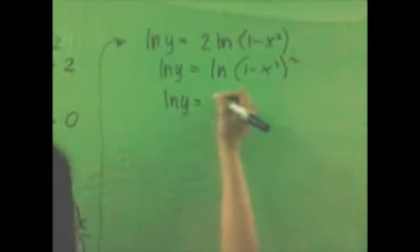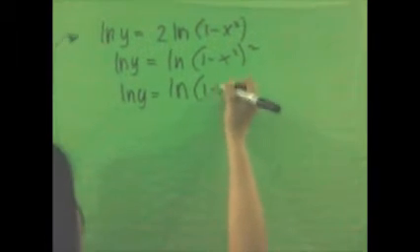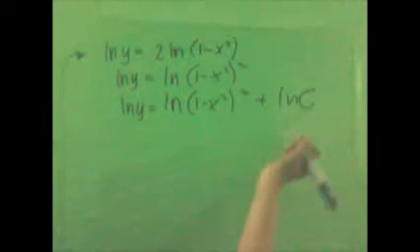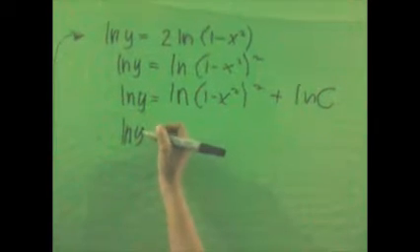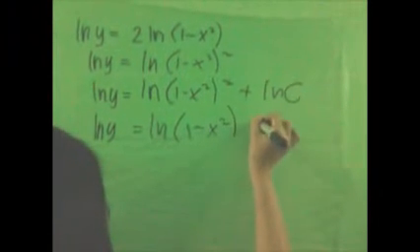Ln y is equal to ln of (1 - x^2) squared plus ln c. Ln y is equal to ln of (1 - x^2) squared times c.